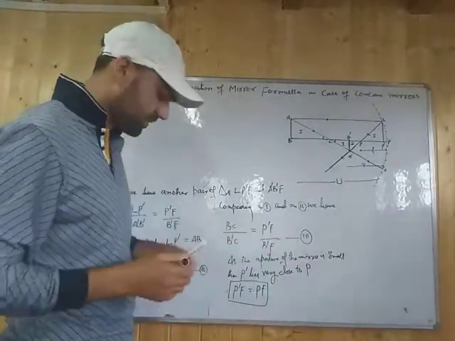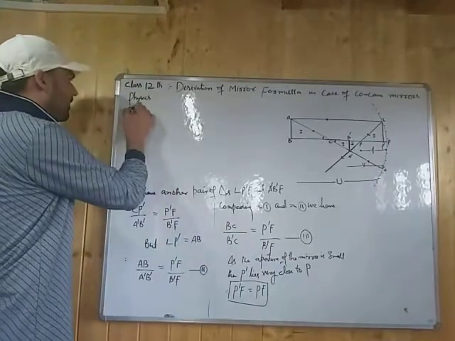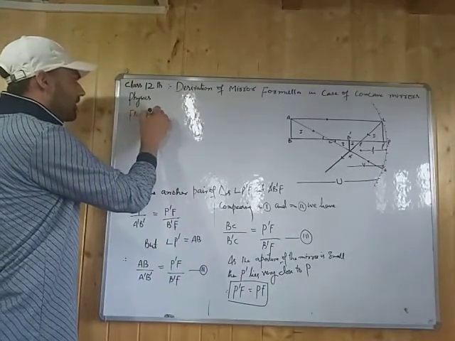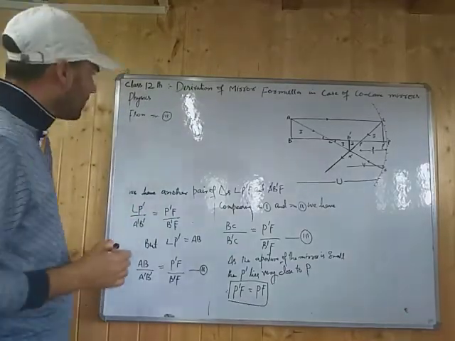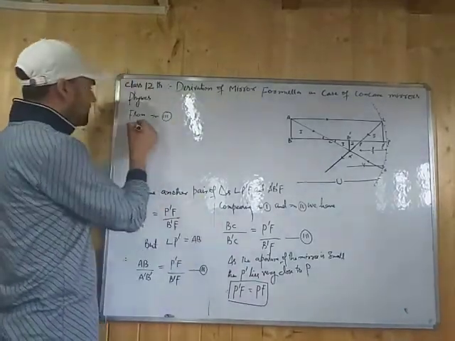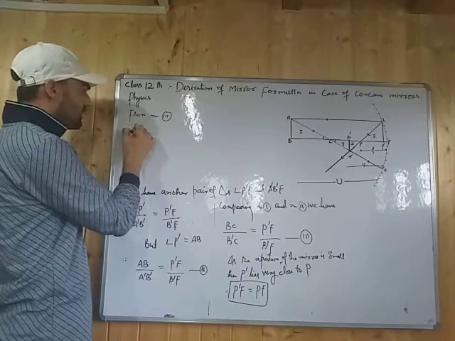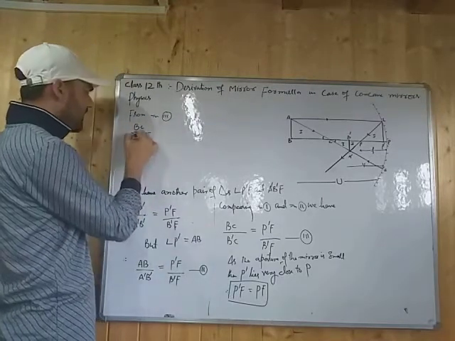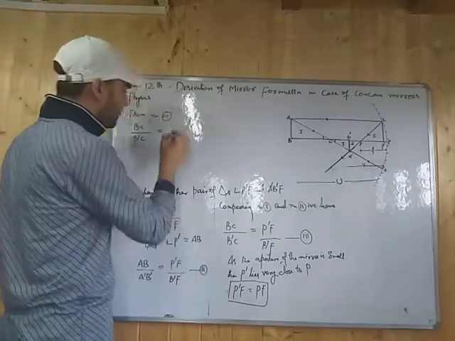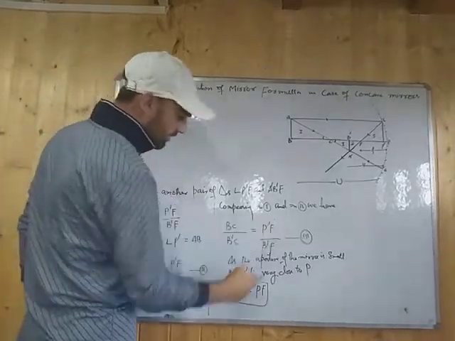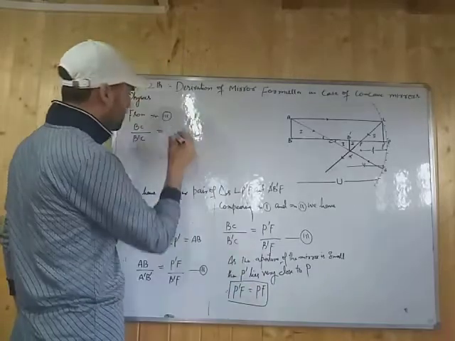So from equation third, BC divided by B dash C is equal to P dash F divided by B dash F. Now instead of P dash F, we write PF.